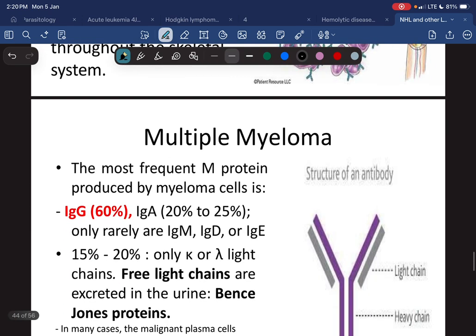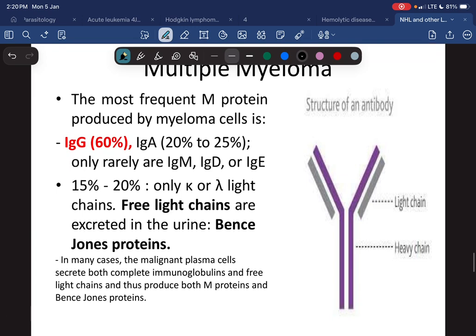The most frequent immunoglobulin, the M protein, produced by the plasma cells in multiple myeloma is IgG, up to 60% of the time, followed by IgA. 15 to 20% of cases only produce kappa or lambda light chain, and an immunoglobulin is composed of light chain and heavy chain.